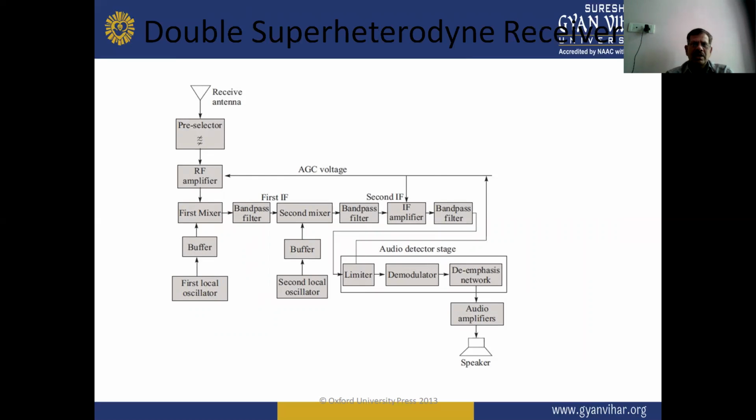This block diagram shows the double superheterodyne receiver.